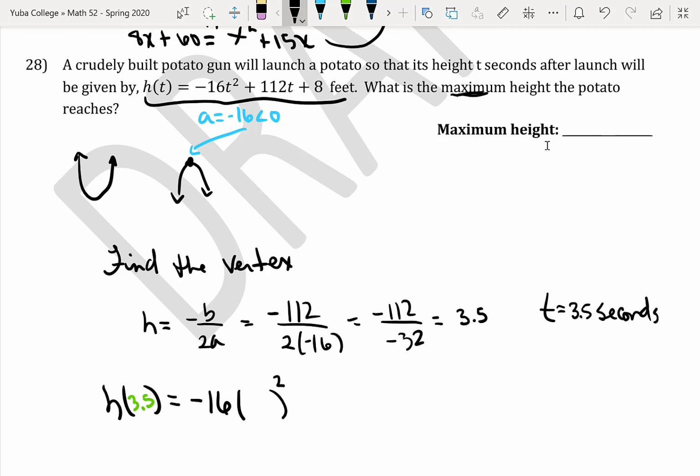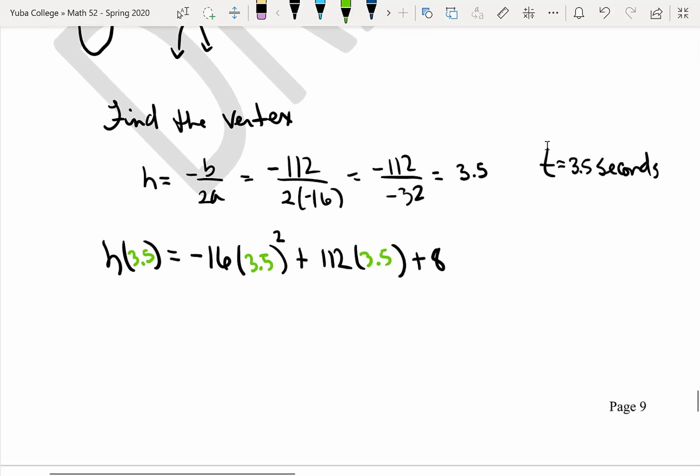So we have 3.5 squared, which is 12.25 times -16. This gives you -196. 112 times 3.5 gives us 392, so plus 392 plus 8. So I get -196. I notice these are two positive. 392 plus 8 is 400. And so this is equal to 204 feet is the max height.